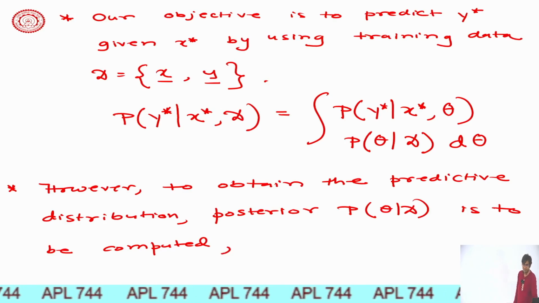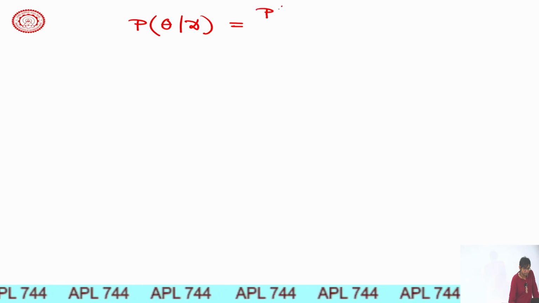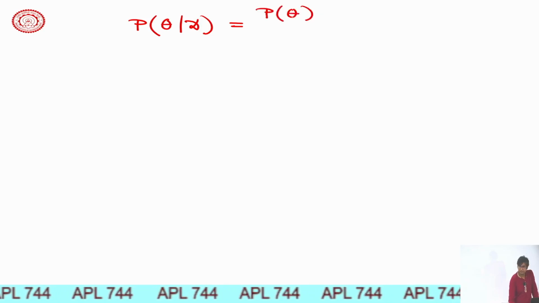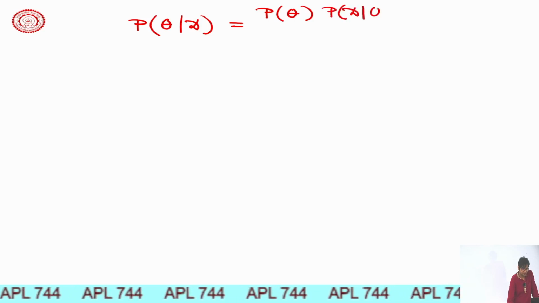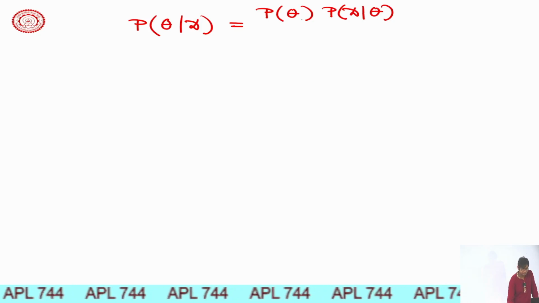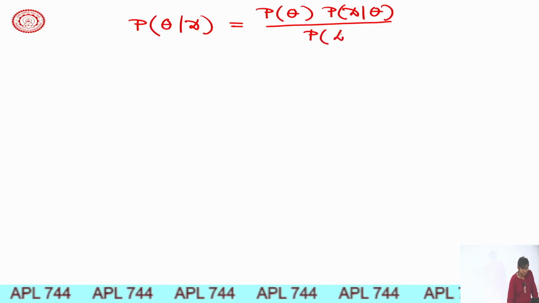And now you remind me, how do you compute the posterior? What do you use? The Bayes law. That's why it's Bayesian. So, we compute it as probability of theta given D equal to probability of theta, which is my prior, multiplied by probability of data given theta, which is my likelihood, divided by probability of D, right?